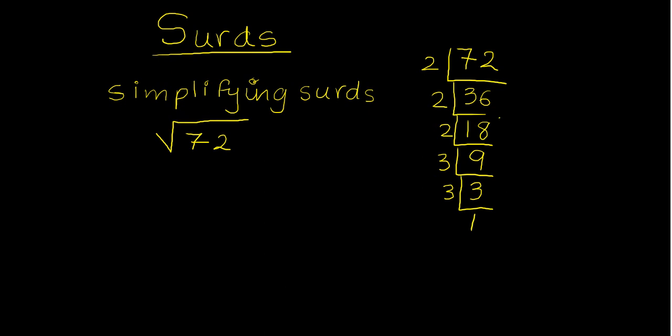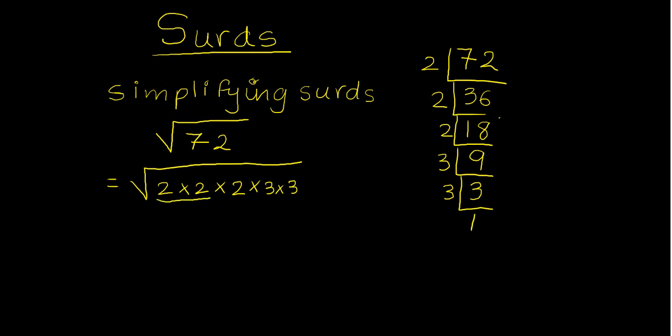So I can say the square root of 72 is the same as 2 times 2 times 2 times 3 times 3. Since it's a square root, I need to try and write it in terms of squares.